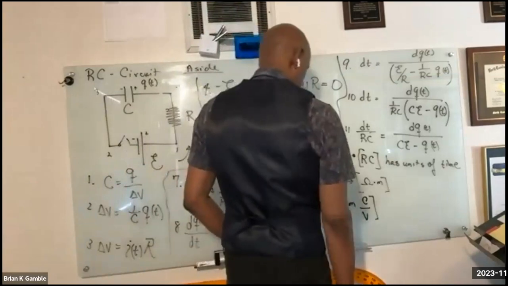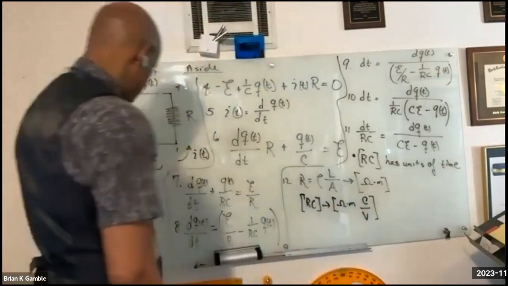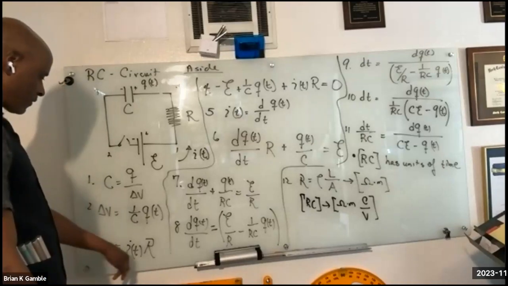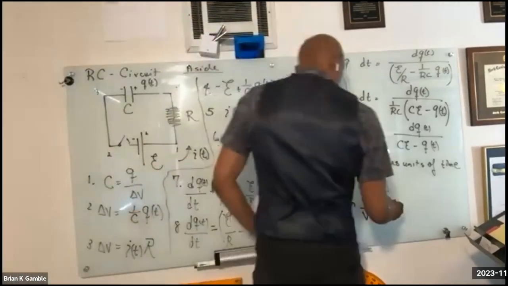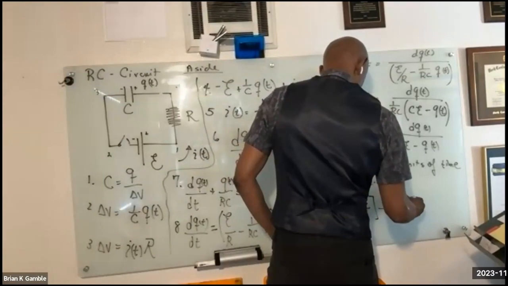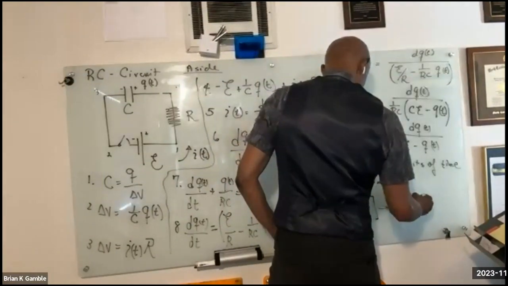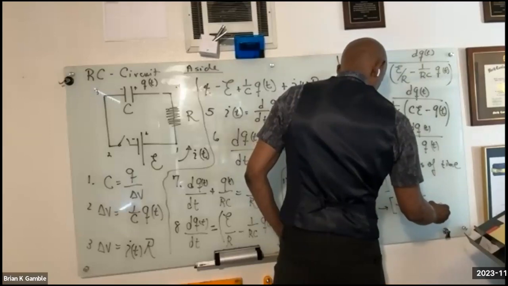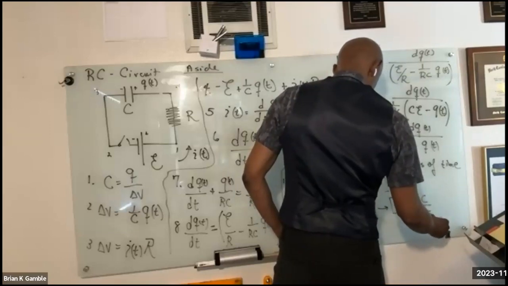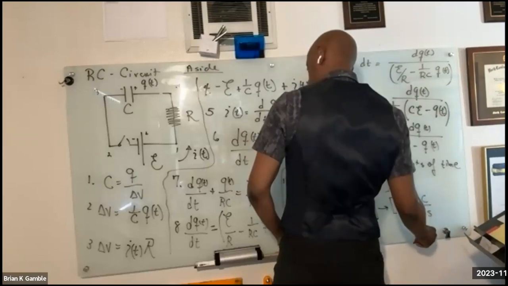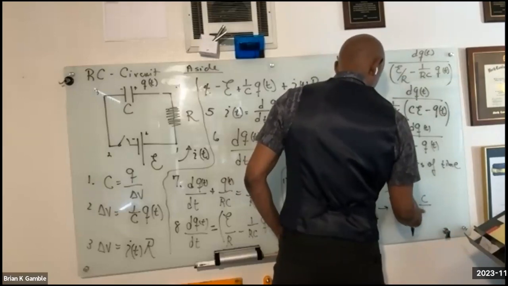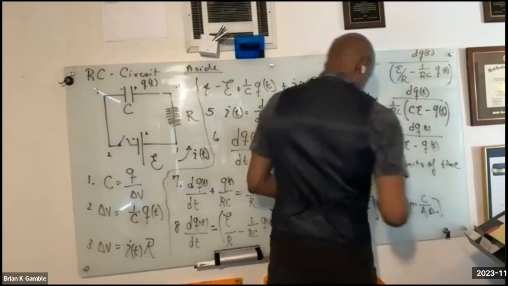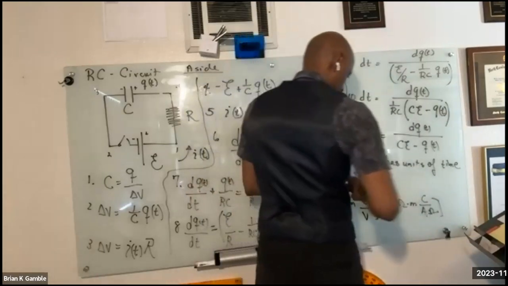A volt is equal to an ampere times an ohm. So an ohm times a meter and a coulomb over an ampere times an ohm. So the ohms will cancel here.